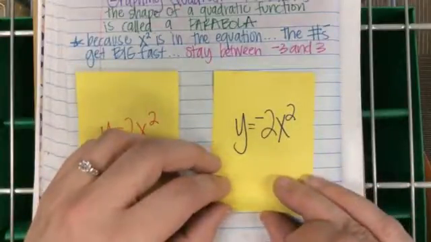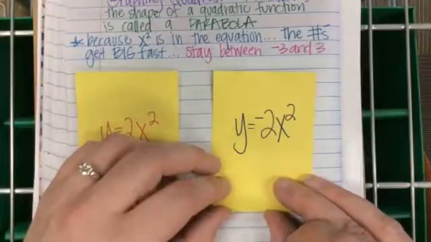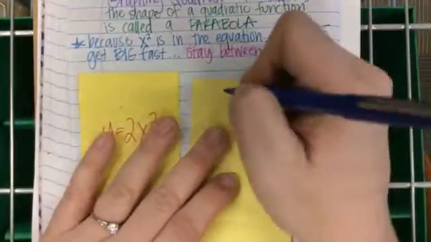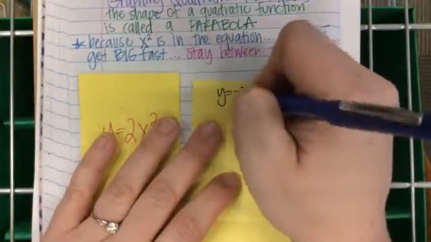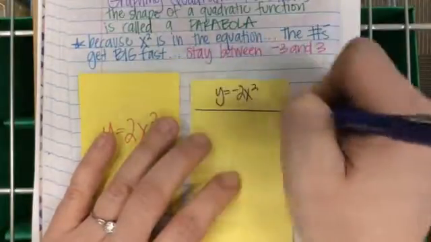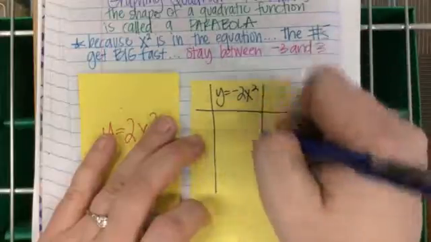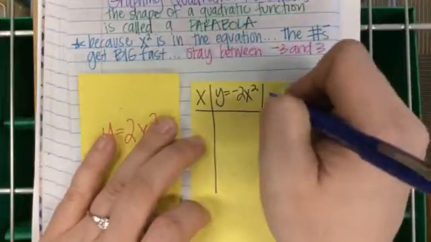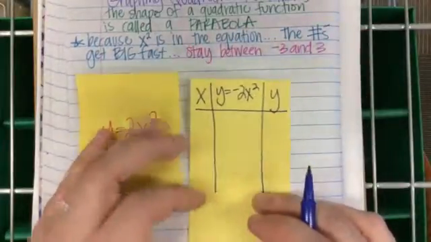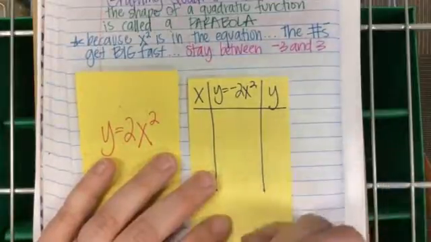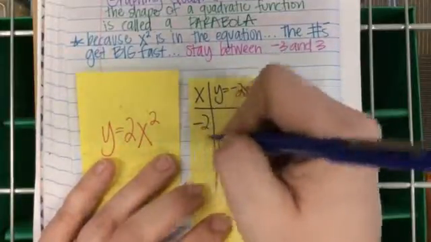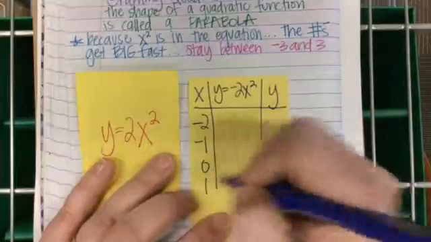So we're going to do the same thing, except my equation is different this time, correct? So y equals -2x squared goes in the middle. I'm going to use the same x values: -2, -1, 0, and 1.